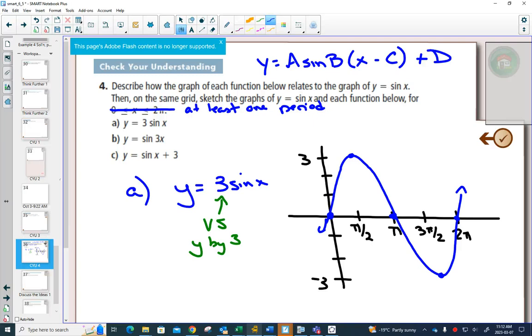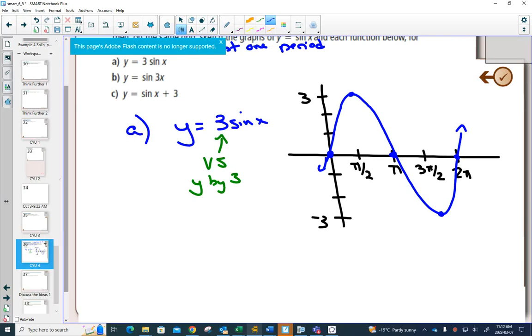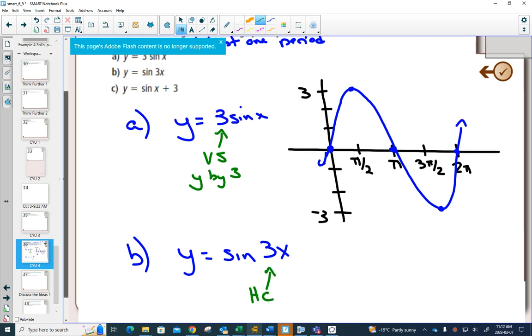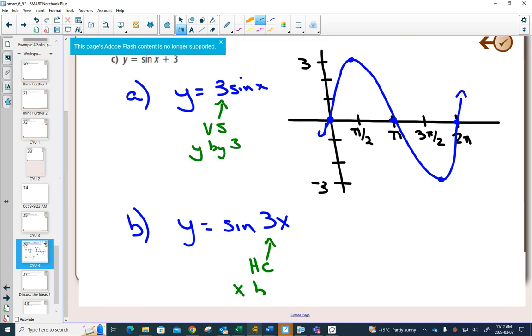Now, our b value. We learned that our b value, so here we have y equals sine 3x. In transformations, we would have learned this was a horizontal compression that you would multiply all of your x values by 1/3. Our shortcut that we noticed when we did the b value before is that our b value is going to affect our period.